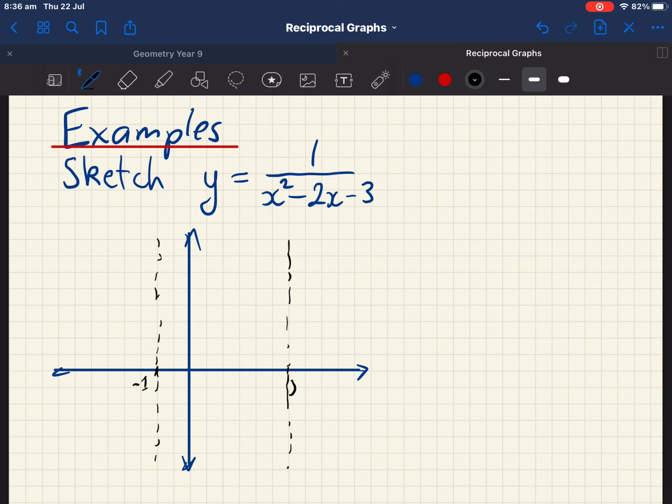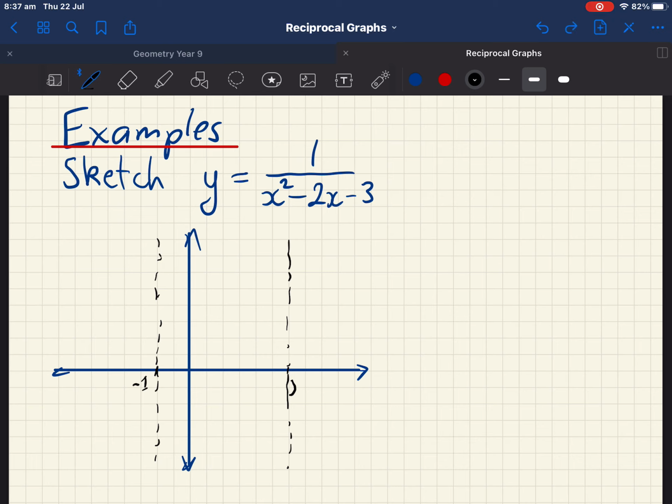Once you have your vertical asymptotes in, you know the function as it approaches these vertical asymptotes is going to be heading off to positive infinity or alternatively negative infinity. This is the same for any point where the function approaches a vertical asymptote.